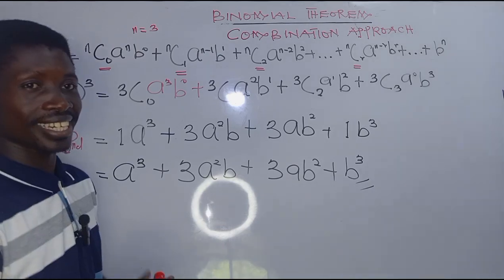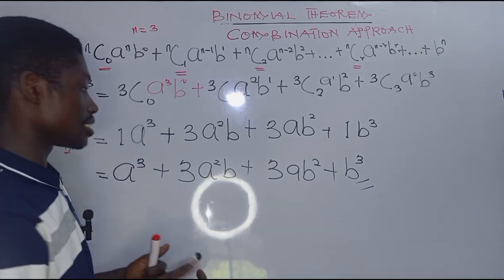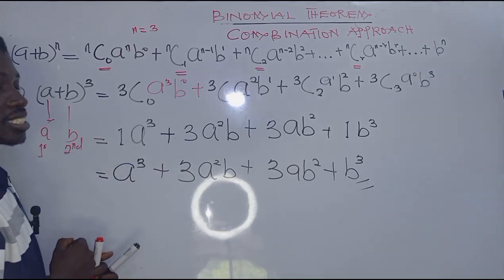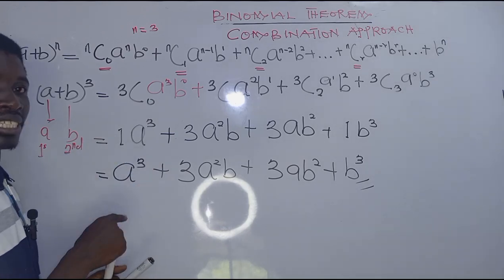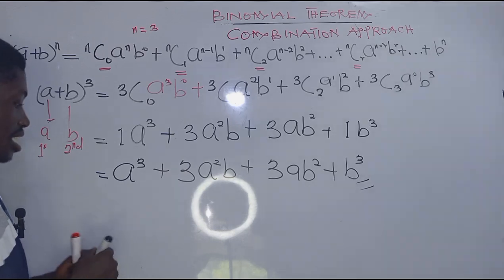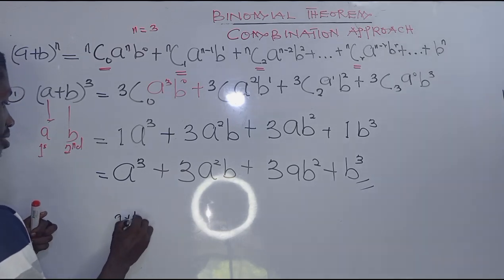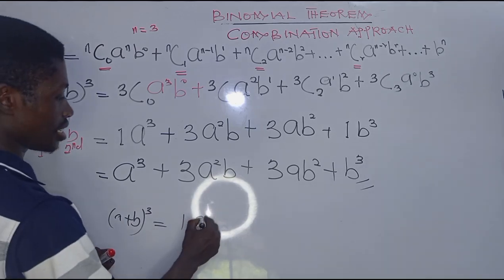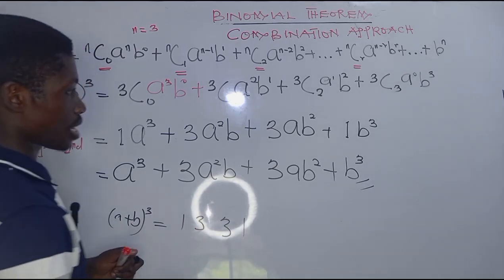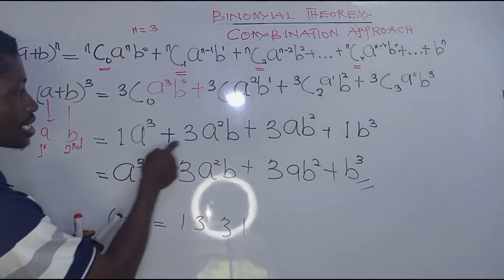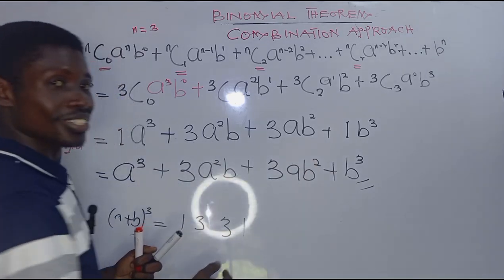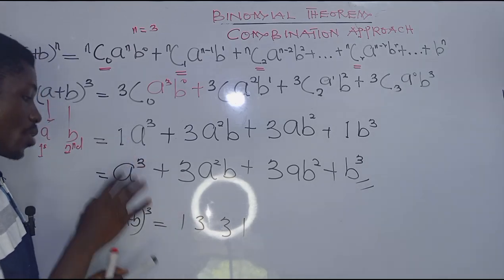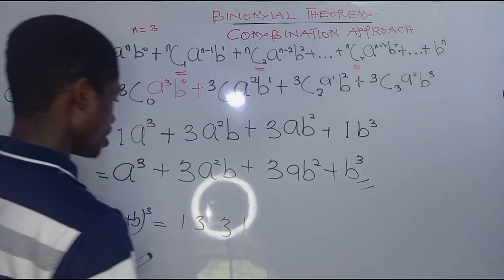Very, very easy. Like I was saying, the combination takes care of the coefficients. During the expansion under the Pascal triangle, for a binomial expression with a power of 3, the coefficients are 1, 3, 3, 1, and that is what we had, 1, 3, 3, 1. So the combination takes care of the coefficient of the binomial expression.